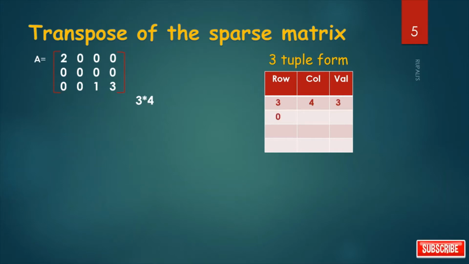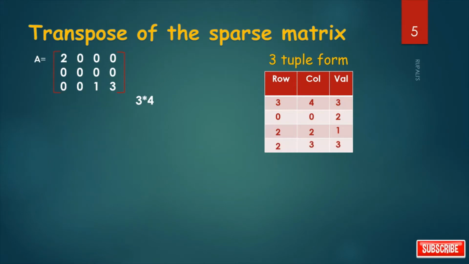For 0th row, 0th column, it is 2. For second row, second column, non-zero value is 1, and for second row, third column, non-zero value is 3.